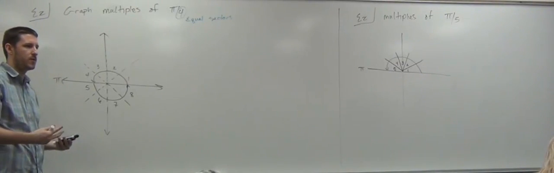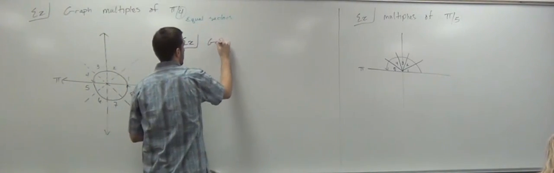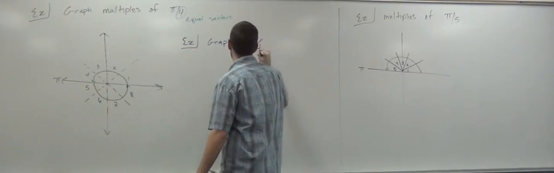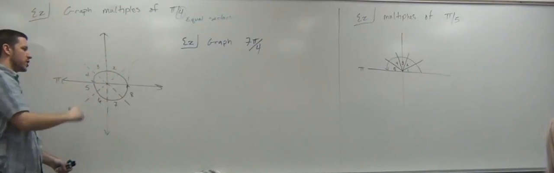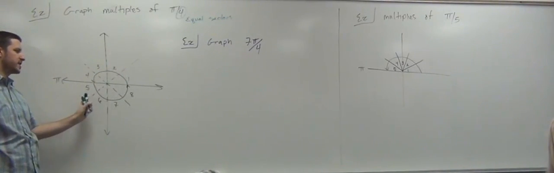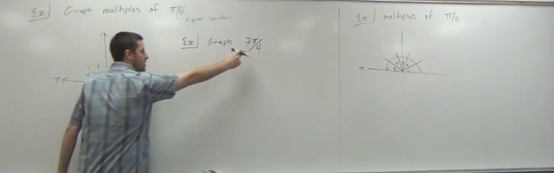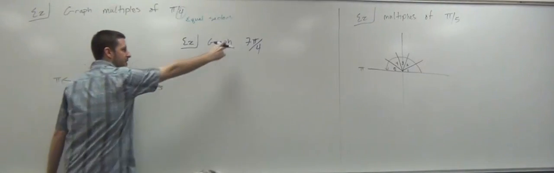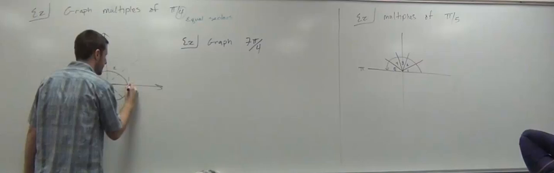So this is the diagram you need, and this is the diagram I want you to show me, if you're trying to graph pi over 4s. So for example, graph 7 pi over 4. You would start by taking your circle, breaking the top half into 4 sectors, breaking the bottom half into 4 sectors. You're breaking everything into 4 sectors because that's the denominator. The 7 here tells you how far to count. Start from the positive x-axis.